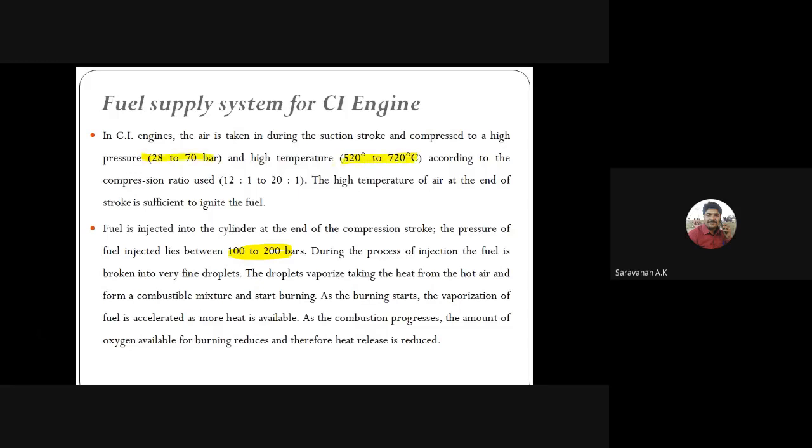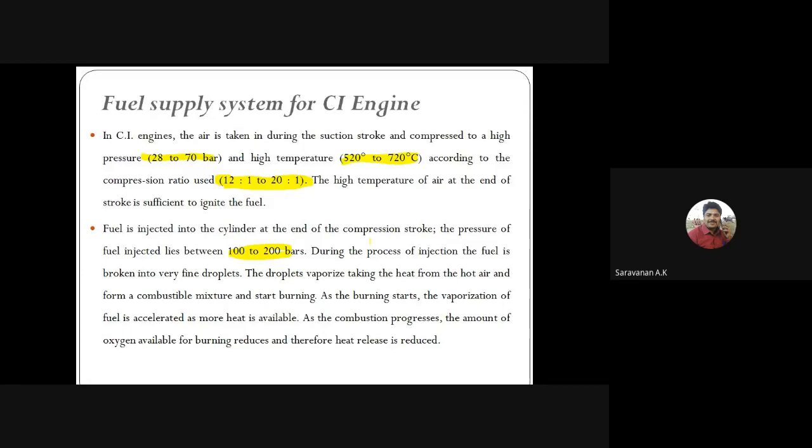You can note these three values. At the same time, we have to see the compression ratio also. These four are important, and you have to remember them. In the compression stroke, the air pressure is around 28 to 70 bar, developing heat of 520 to 720 degrees Celsius.